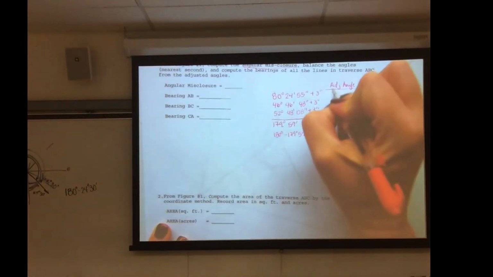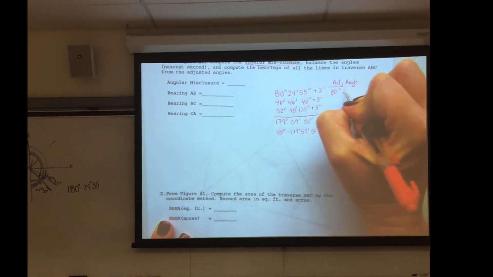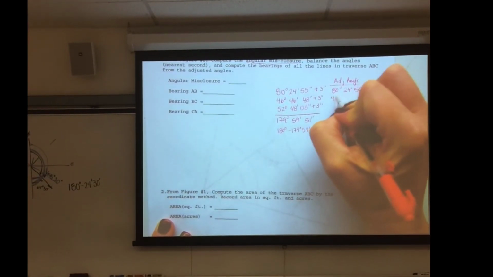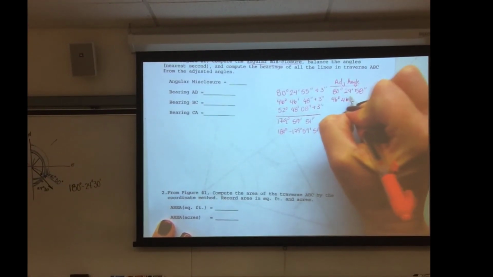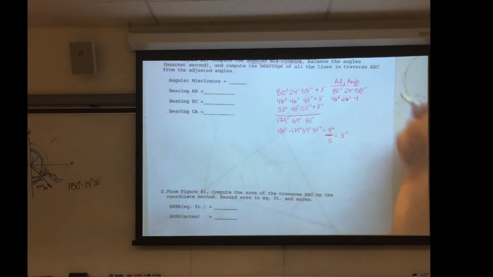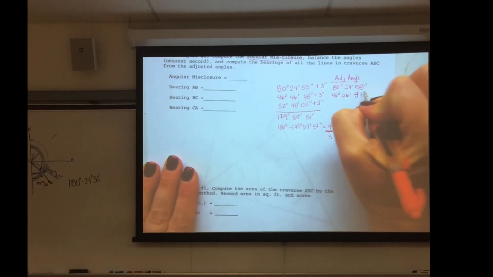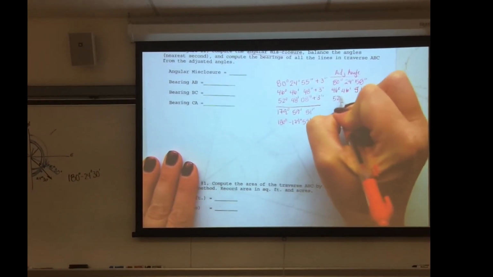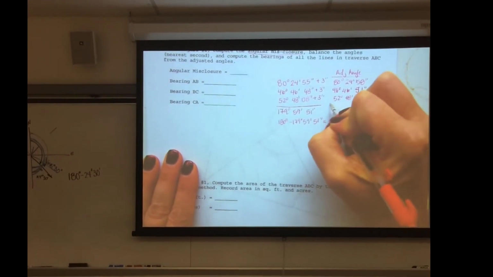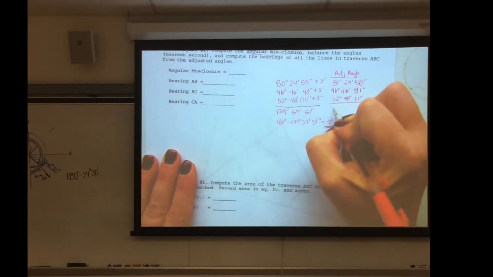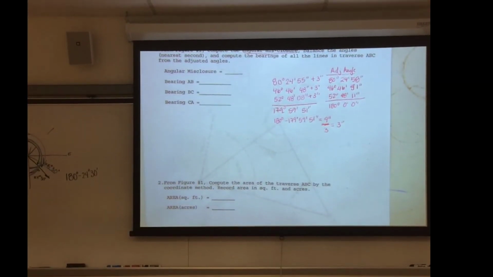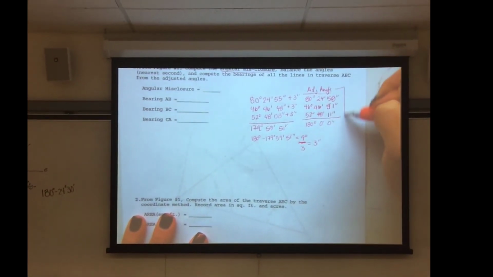So I get 80 degrees, 24 minutes, 58 seconds, 46 degrees, 46 minutes, 51 seconds, 52 degrees, 48 minutes, and 11 seconds. So if I add all of these up, I get 180 degrees, 0 minutes, 0 seconds. Okay? So these are my adjusted angles.